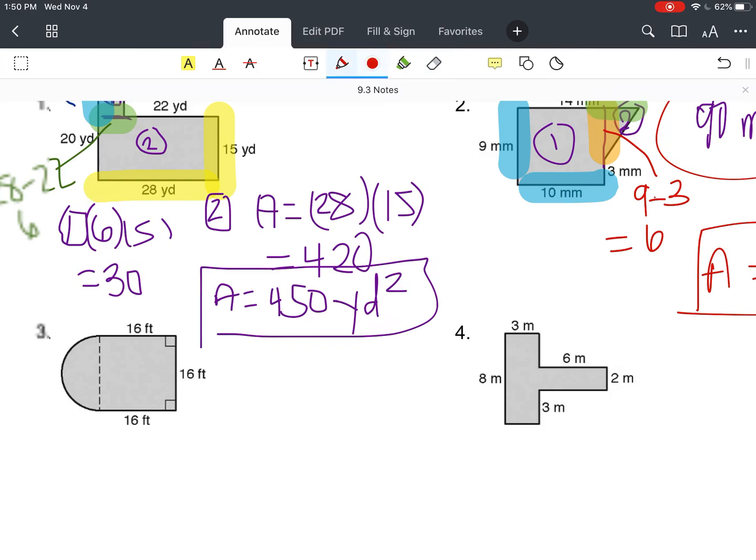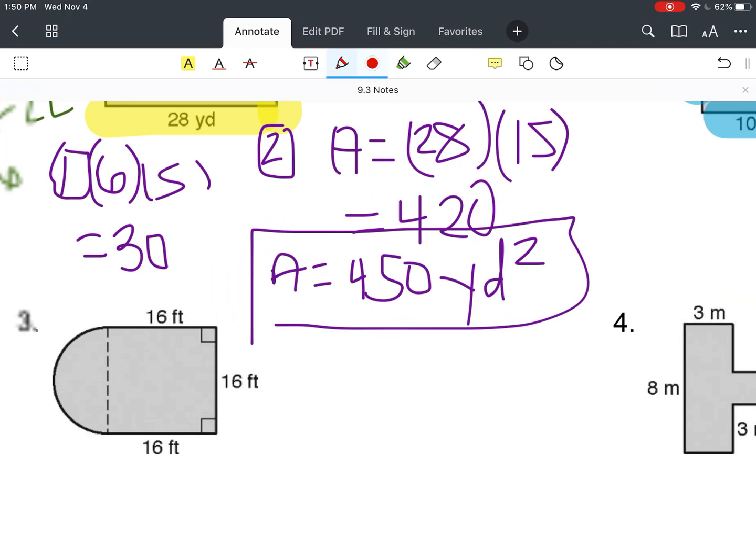For number 3, I have two figures. I have a semicircle on the left. I'll label that 1. And I'll label this on the right a square, 2.